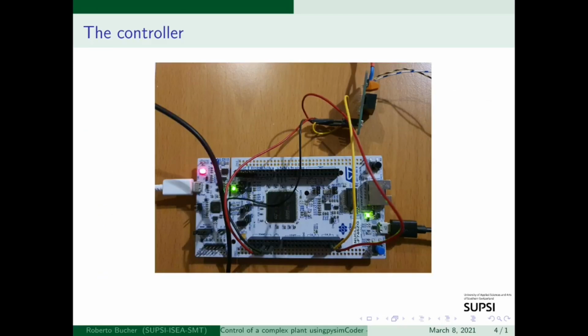This is the board that we use to control our system. This is a Nucleo board, and we have a transceiver to allow the CAN bus to be connected to this board.